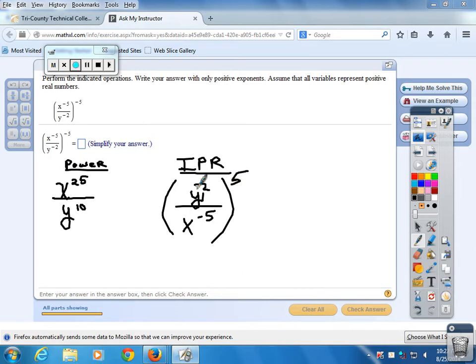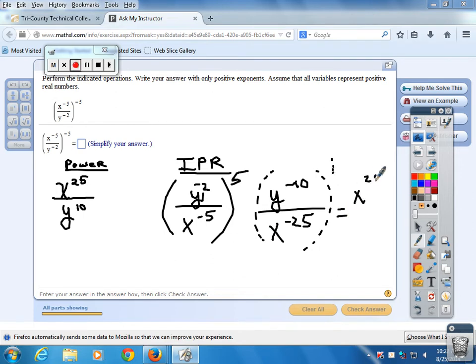And what's 5 times negative 2? And what's 5 times negative 5? Now, what is this raised to now that you distributed the 5 to the first power? So now you can just flip them and you get what? X to the 25th over, and is that what you got over here?